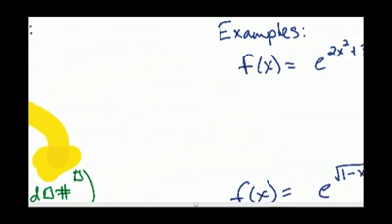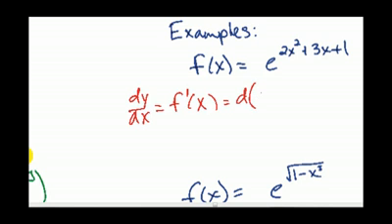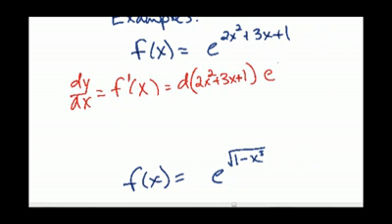So let's see a few of the basic ones in action. Here I have a problem in which I want the derivative. So if I want the derivative, f prime or dy/dx can be written, and it's going to be the derivative of what we have up top, that's your d box right there, times your e box, what we had originally.